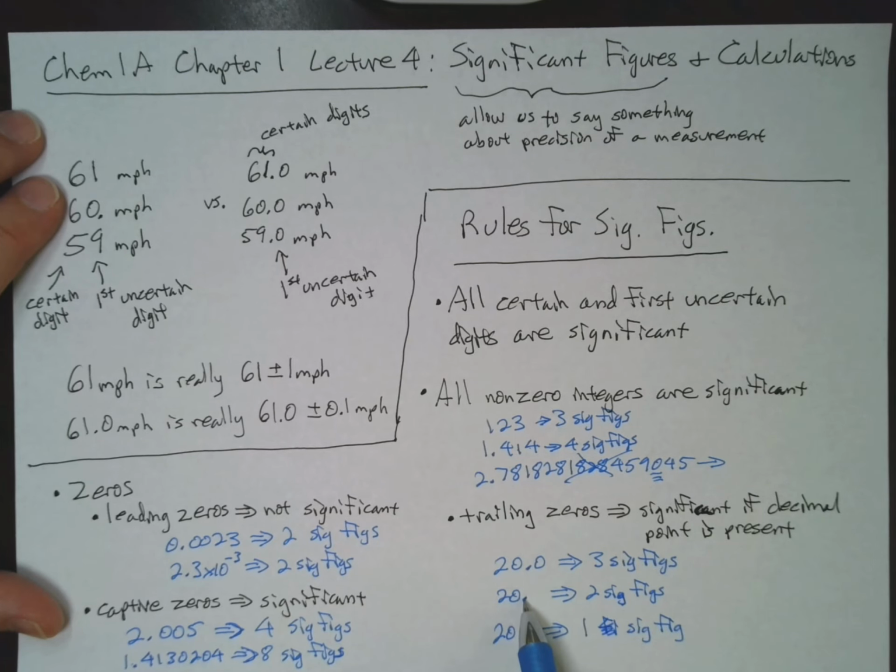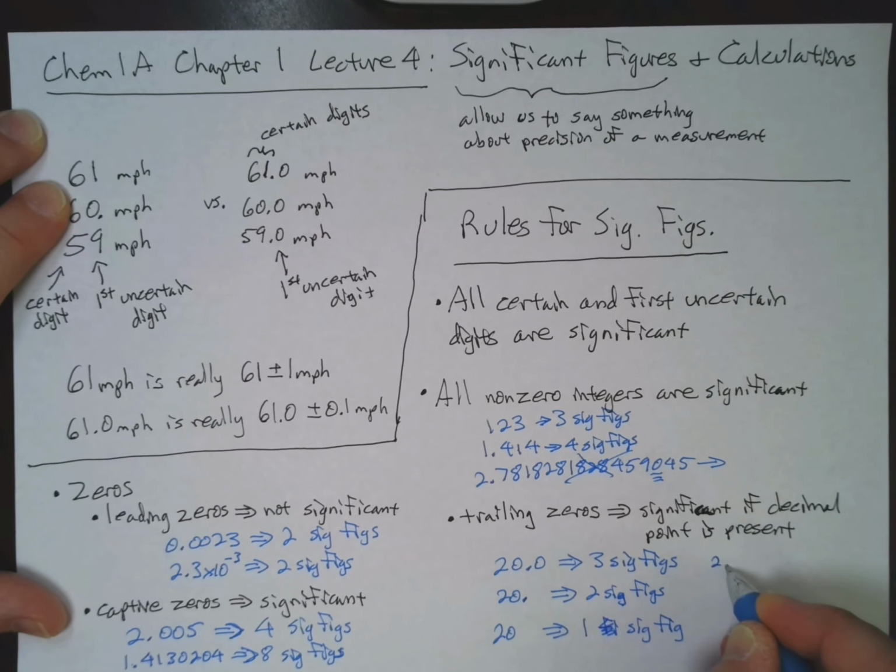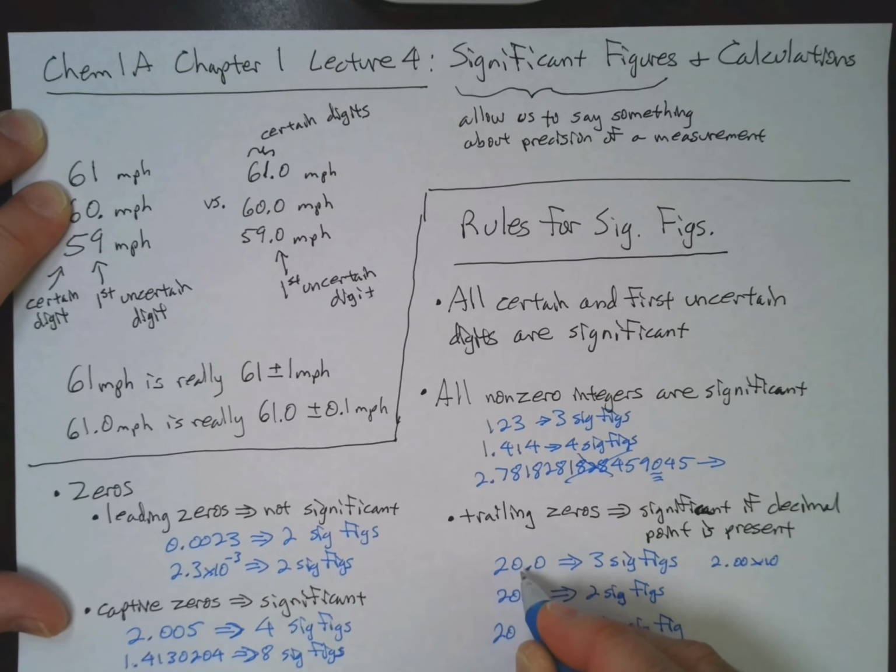Now, we can also just write things in scientific notation. 2.00 times 10 to the 1, 2.0 times 10 to the 1, and 2 times 10 to the 1. And now we can see pretty clearly, yes, we have 3 sig figs for this case, 2 for this case, and 1 for this case.